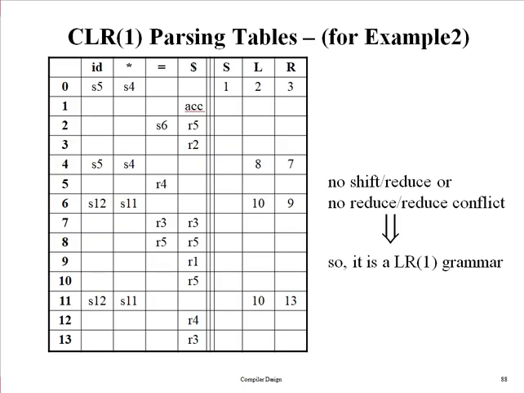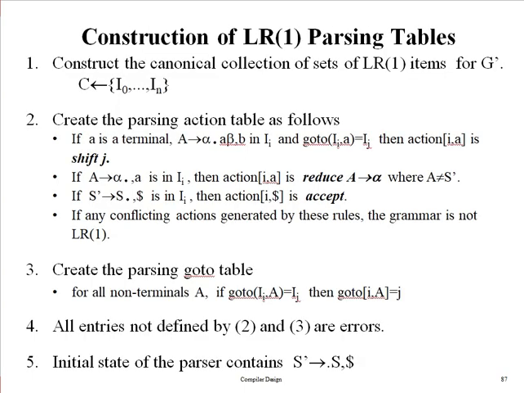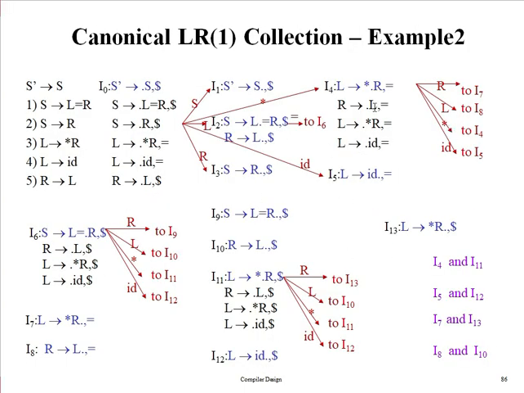Because of this, we can say that the grammar is CLR grammar, or sometimes it is also considered as LR1 items, as it is using LR1 items. So this one is CLR grammar.